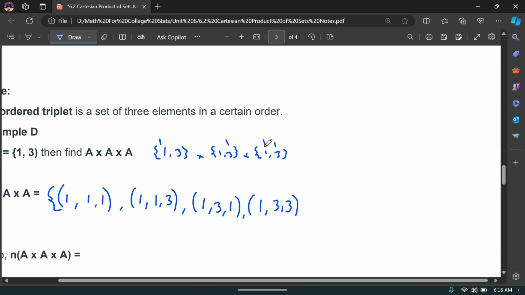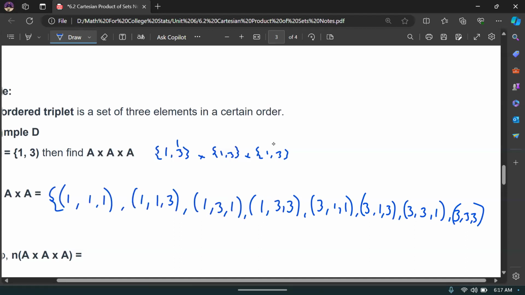And we've still got to keep going because we have to do the same thing with the 3. So we'll have 4 more in total here. The 3 has to get paired with each combination as well. So (3, 1, 1), (3, 1, 3), (3, 3, 1), and finally (3, 3, 3).